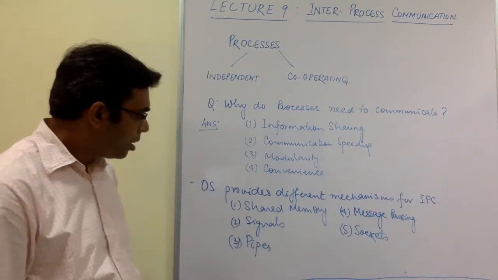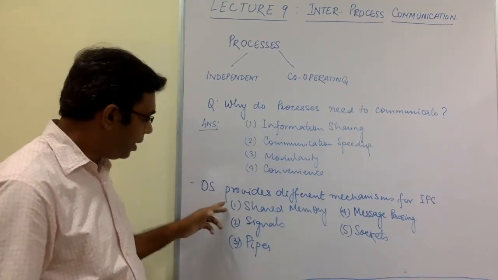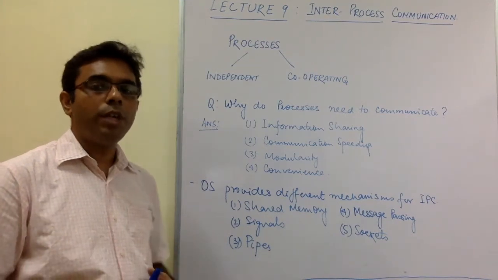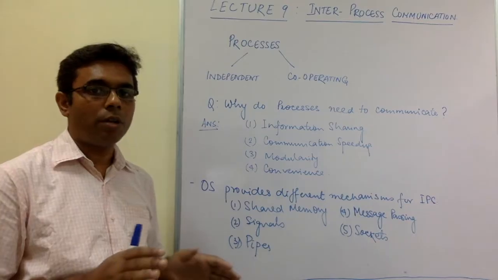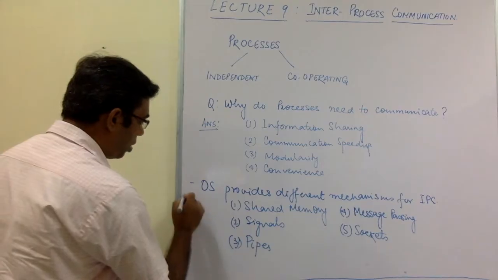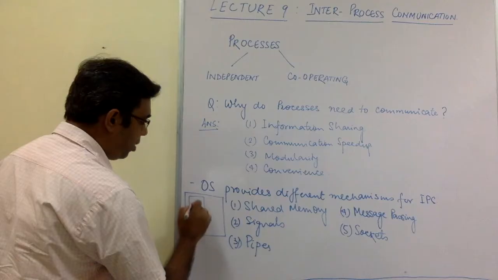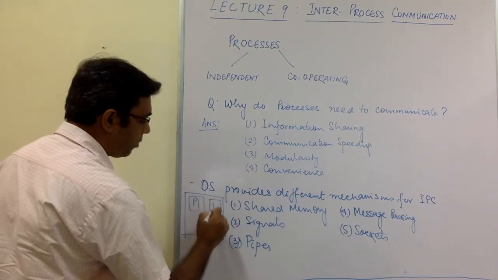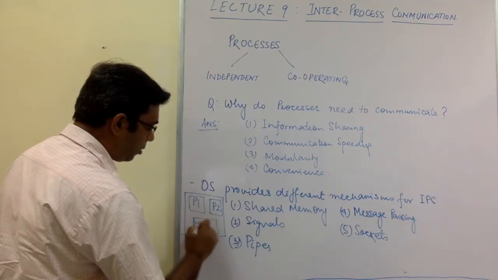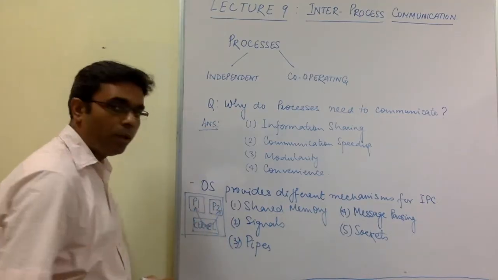Now interestingly, out of these 5, some techniques, say 1, 2 and 3, are used for communication among processes that happen on the same machine. So if you are talking about a same machine and you have a process P1 that would like to communicate with a process P2, it may take help of the kernel and it can utilize this kernel to communicate with P2.